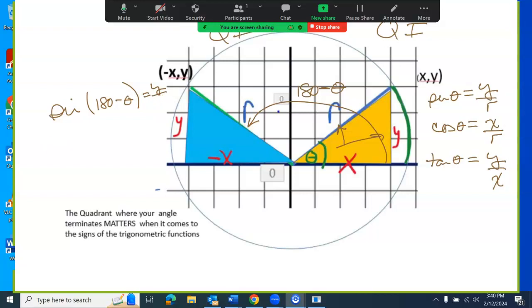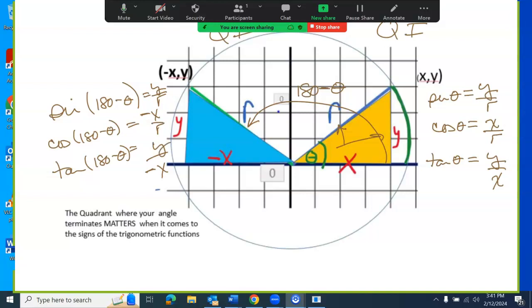Cosine, you go back. Cosine of 180 minus theta will be negative x over r, and tan of 180 minus theta will be y over negative x, right? So that's going to give me a negative right there.